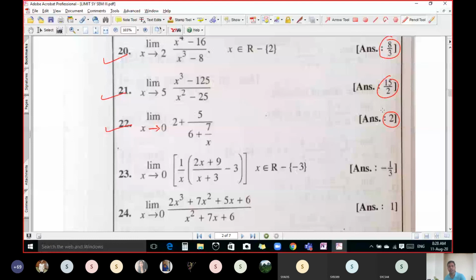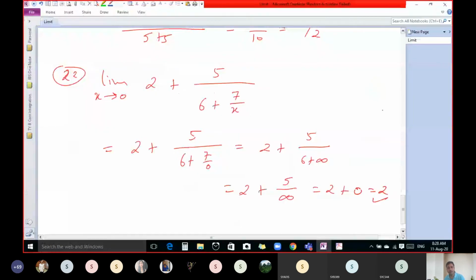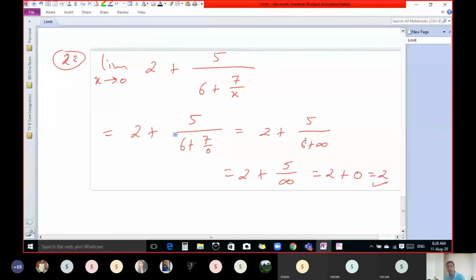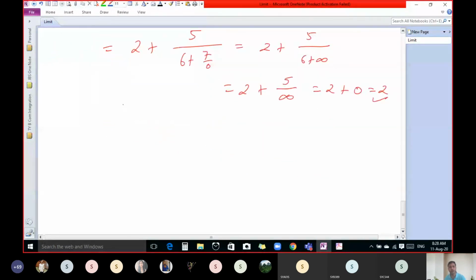But instead of doing this, if we do it another way, maybe we get more idea, even if we don't have this idea about pure mathematics. Let us repeat the question. Limit x tends to 0, 2 plus 5 upon 6 plus 7 upon x.